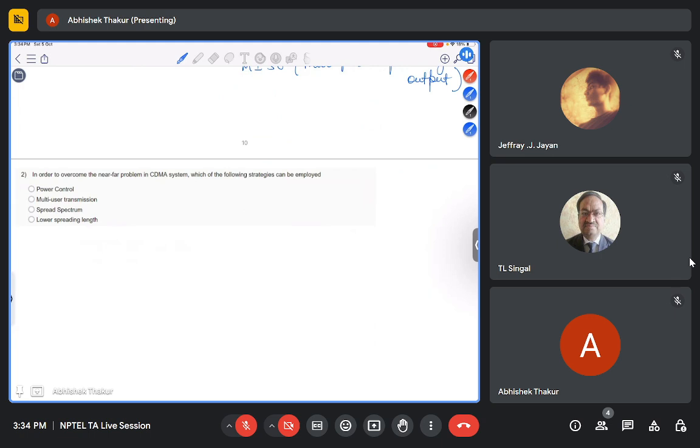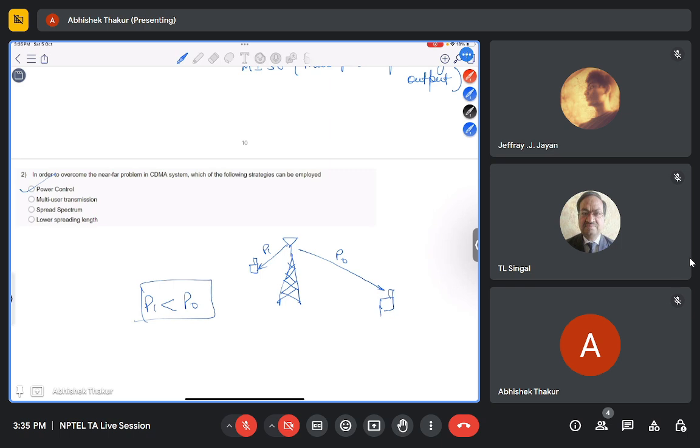Power control should be employed, as we have studied here, like the transmit power P1 should be less than P naught.